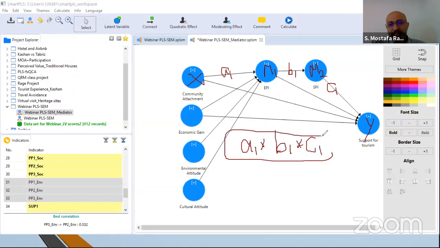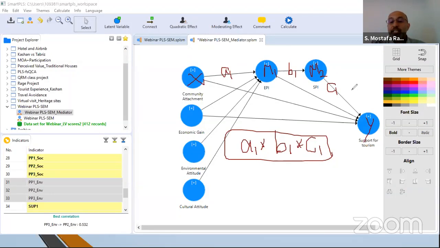You have to assess significance of this term. Serial mediator means significance of this term. You apply a statistical technique to assess significance of these three.